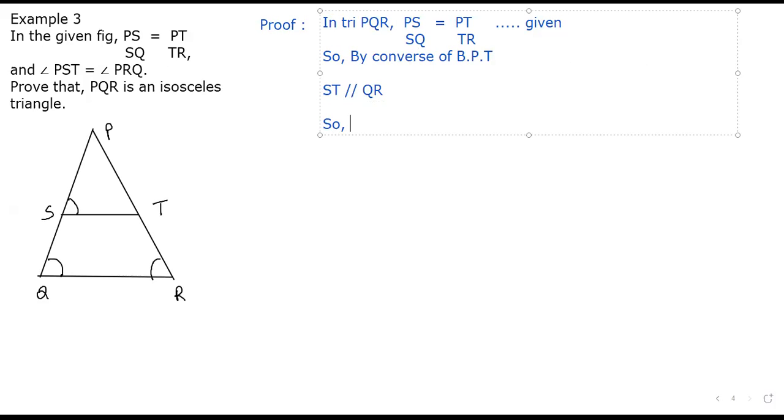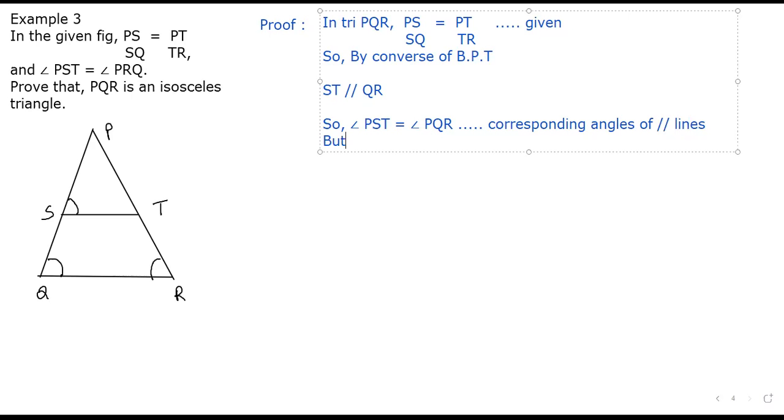And therefore, angle PST is equal to angle PQR, corresponding angles of parallel lines.